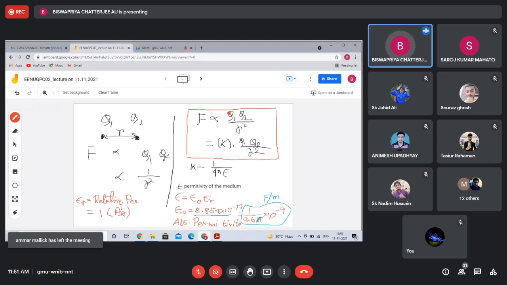It's the product of the charge strengths divided by the square of the distance. So is it okay? Any doubt?